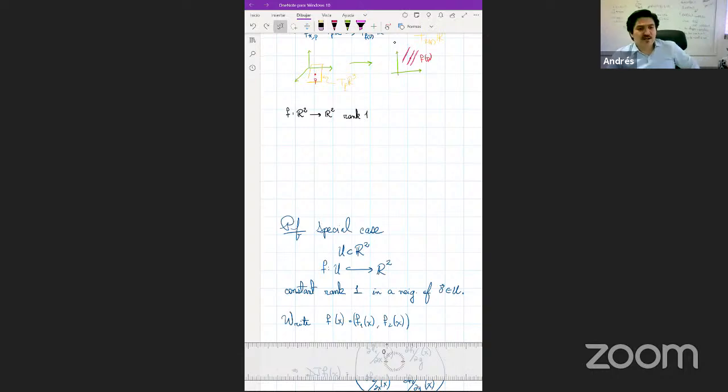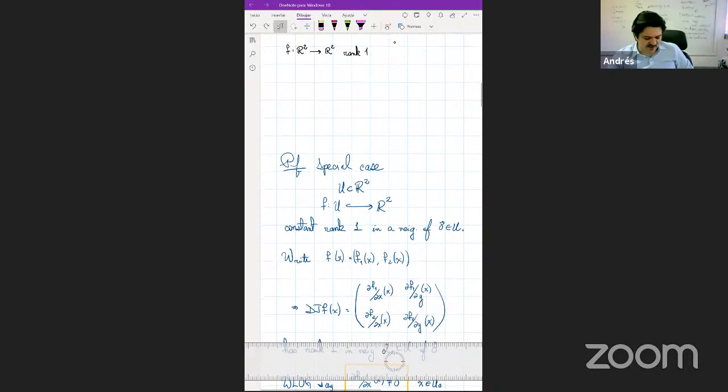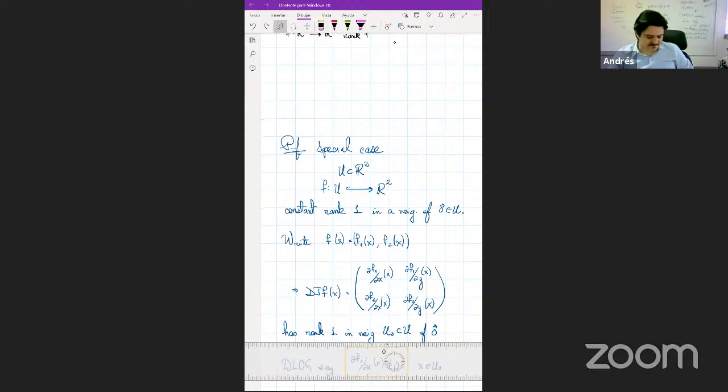Well, we have f1 and f2, the coordinate functions. I look at the Jacobian matrix, and my hypothesis is that in a neighborhood of 0, this matrix has rank 1.